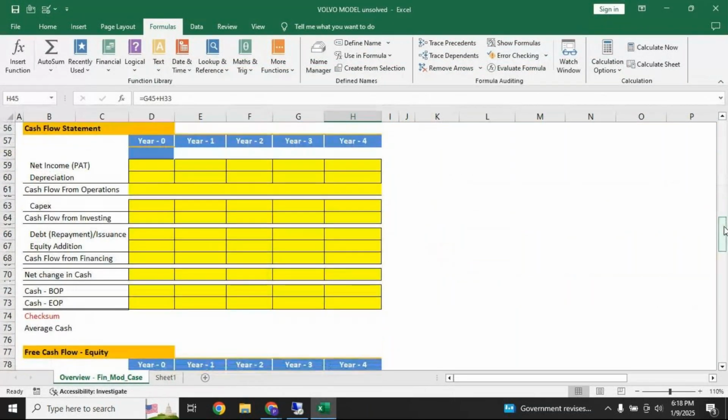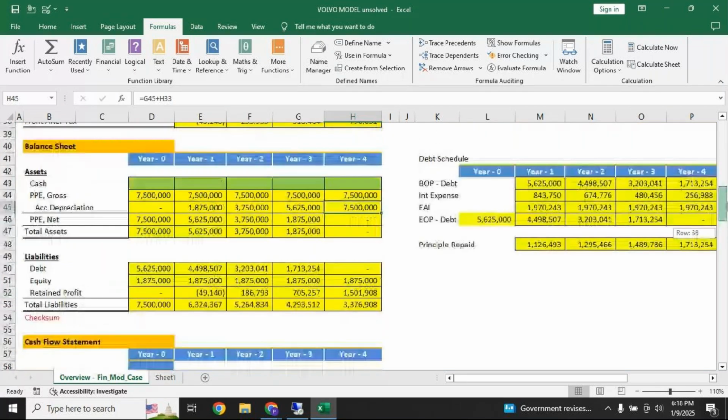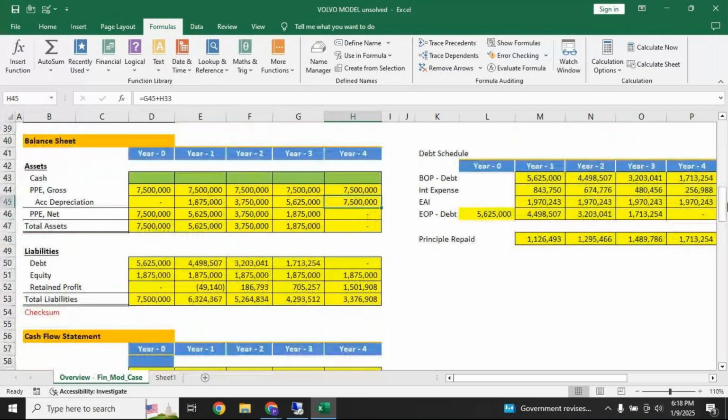Excuse me, ma'am. Yes, ma'am. Ma'am, for the assumptions part, can we put any values, or is it in the question? Which assumptions? The cost of bus, like the amounts. No, ma'am, it is already given.